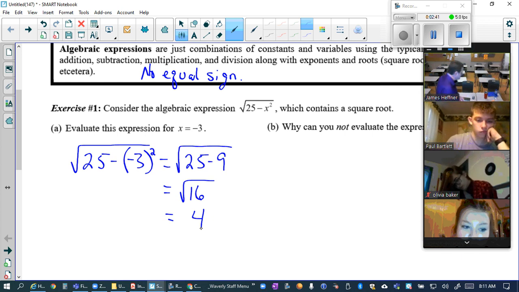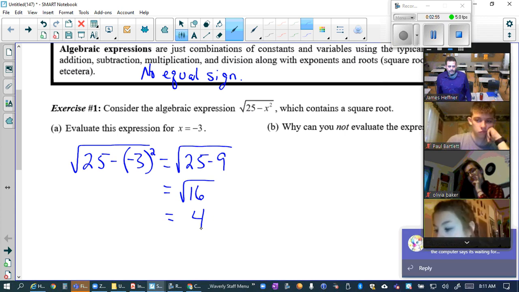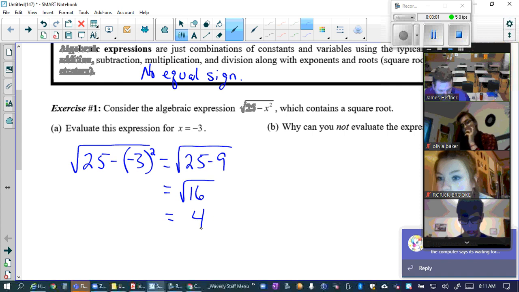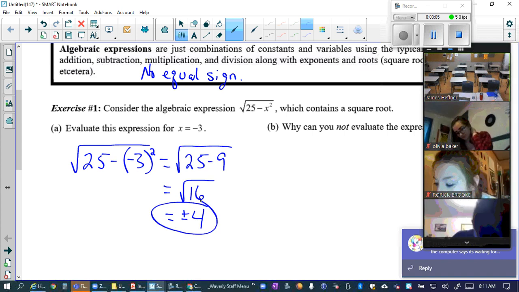In other words, what's another number that you square and get 16? Not 2. 4 times 4 is 16. There's another number that you can square and get 16. -4, right? So plus or minus 4. You always get 2 answers when you take a square root.